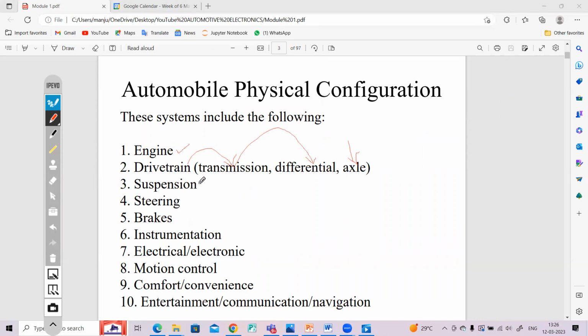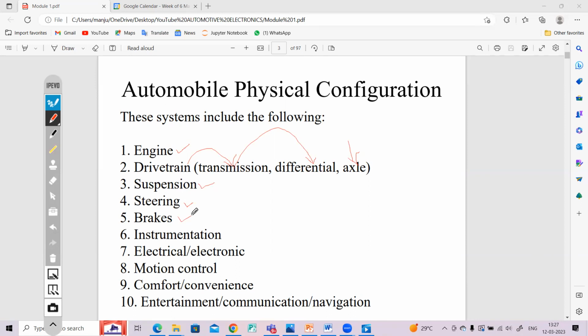And we'll see suspension, that is mono suspension, and some suspensions made for comfort, using some drum brakes or disc brakes, and the steering, either power steering, manual steering or semi-manual steering, and the brakes.